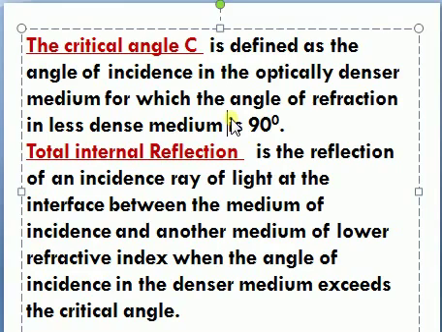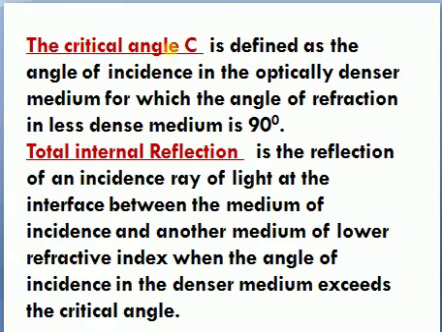We have seen it in the diagram. Let's take it again. Critical angle, we define it as the angle of incidence in the optically denser medium, that is, the angle of incidence is in the denser medium, which is glass, for which the angle of refraction is in the less dense medium, which is air, is 90 degrees.